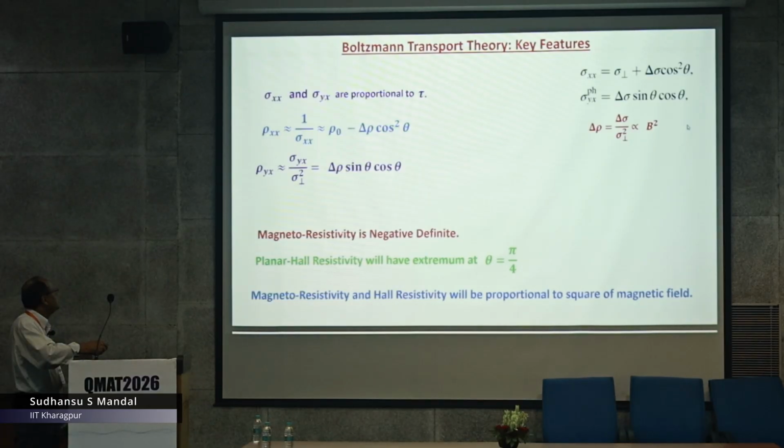So the main features here: the magnetoresistivity is negative definite, as I said. And then the planar Hall resistivity is proportional to sine theta cos theta. As you can see here, there will be the extremum at theta equals pi by 4. That's the prediction. And magnetoresistivity and Hall resistivity will be proportional to the square of the magnetic field. That's it. So there are three predictions here from the Boltzmann transport theory.